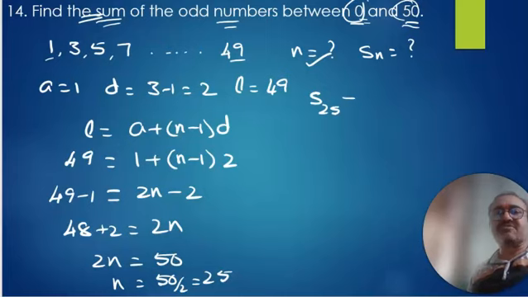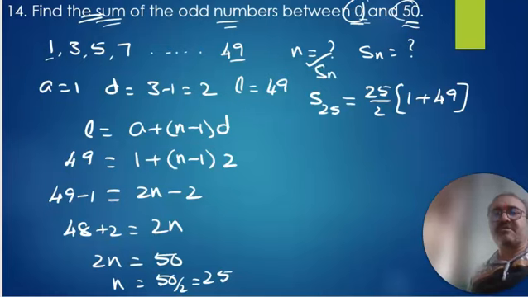So S25 is equal to n by 2 into a plus l. N by 2 into a plus l formula is called. Yes, already చెప్పాను చాలా సార్లు. n అంటే 25, a అంటే 1, l అంటే 49.